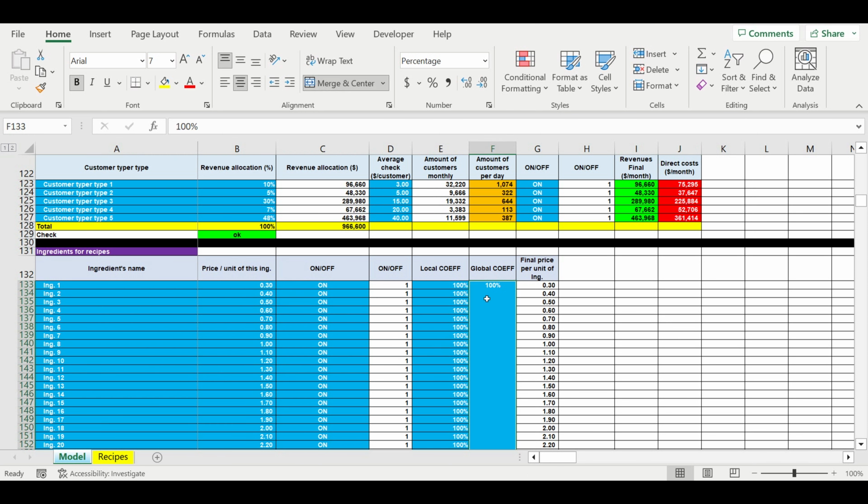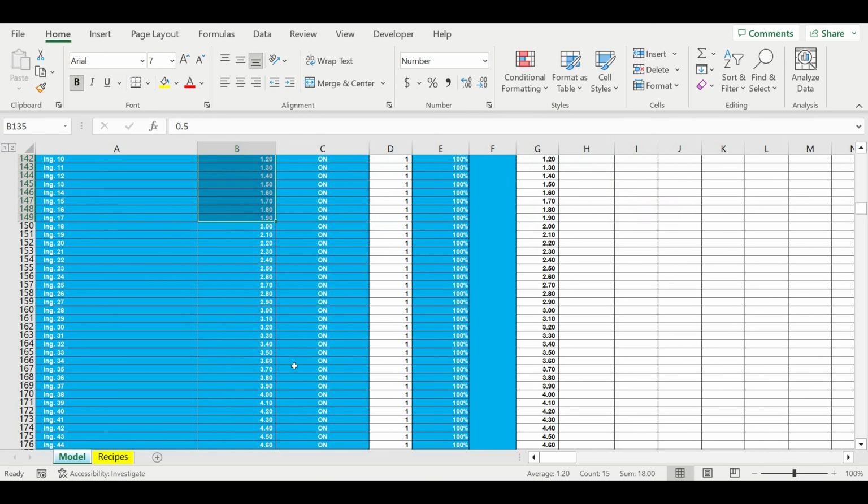Here we have global and local coefficients for ingredient costs, for the pricing of ingredients. These are the prices, and we can increase and decrease them globally or locally for a specific ingredient, and see what will happen with the cash flow, with payback period, with financing needed, and so on.